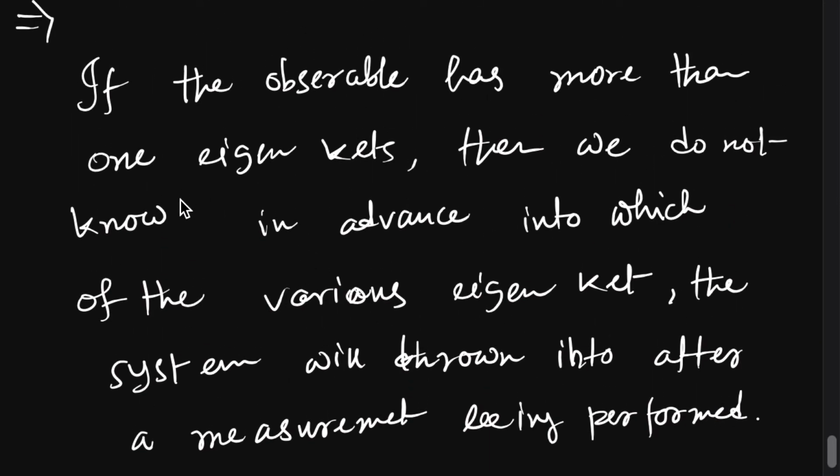That means if the operator A has more than one eigenket, then we cannot say into which eigenstate the system is thrown after the measurement is performed.